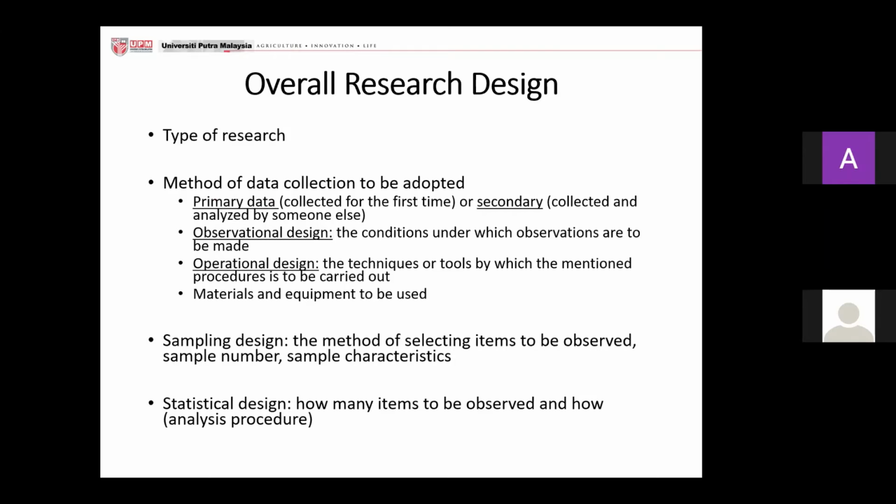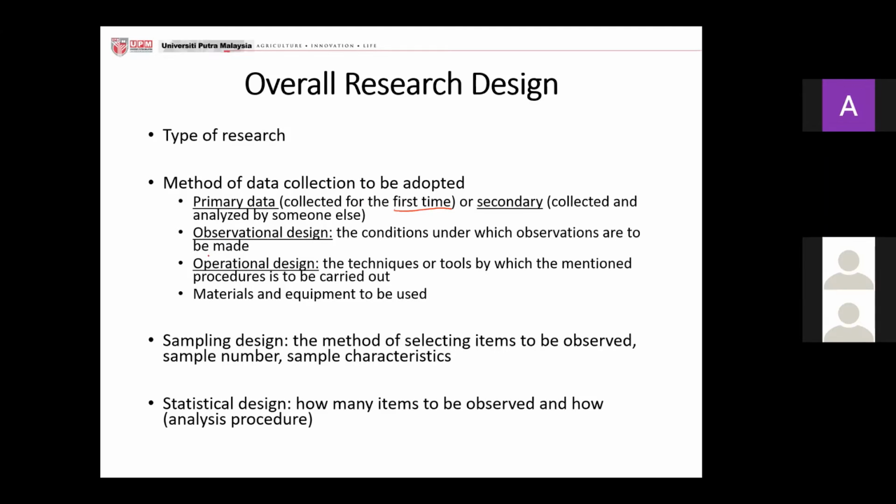First is primary data, and secondly is secondary data. When we say primary, it's something that is collected for the first time. And secondary data is data that was collected and analyzed by someone else. I hope that is clear, because this is very, very important as well.